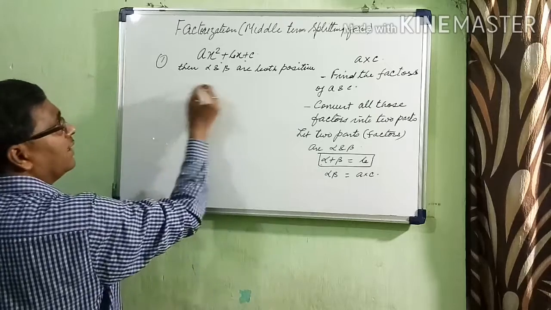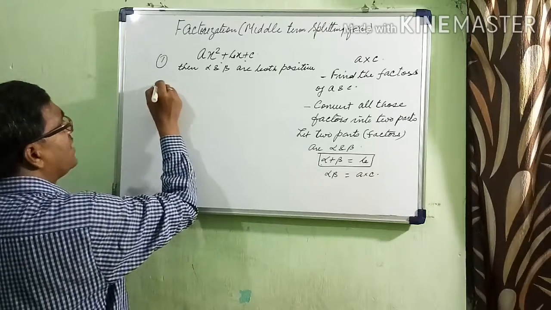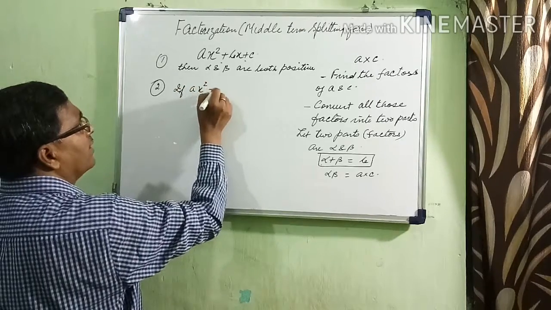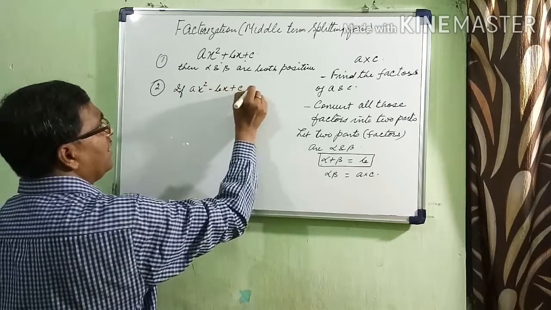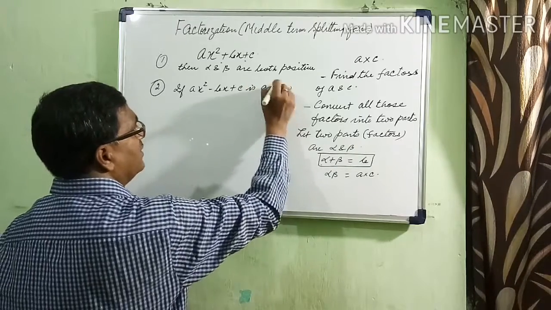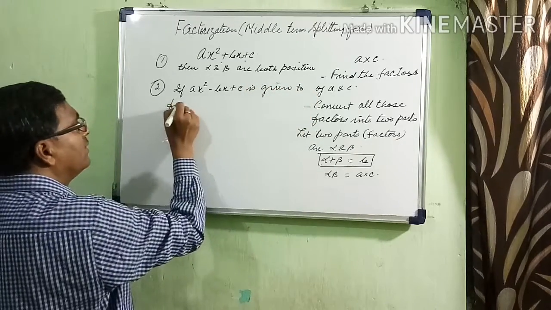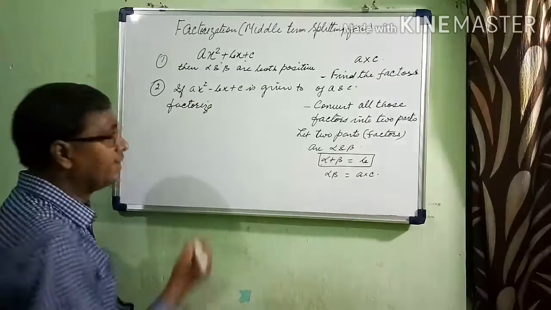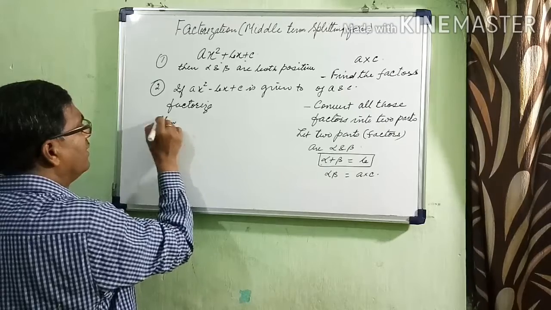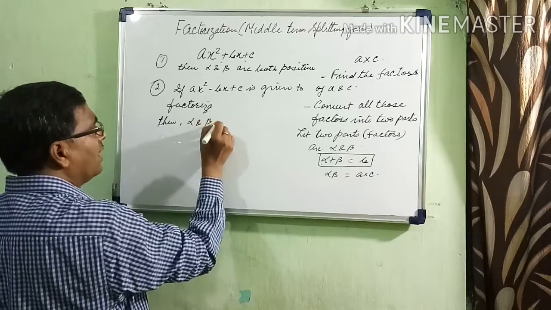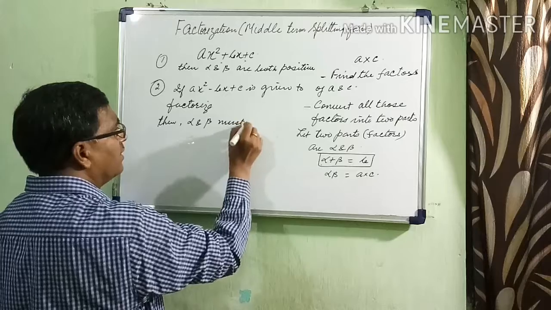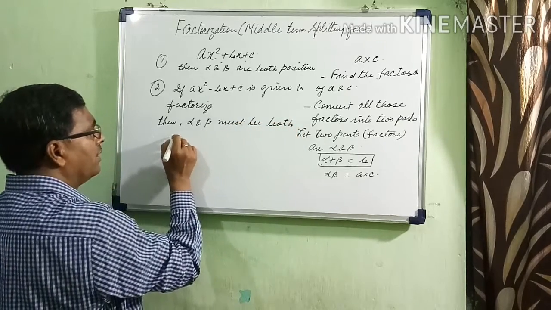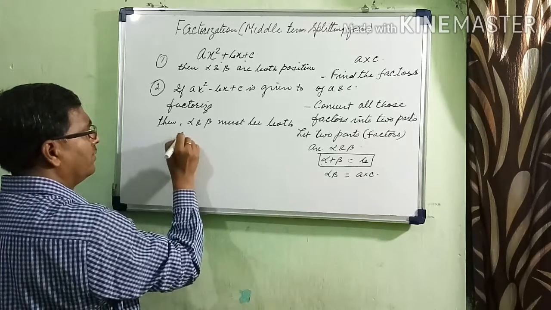Second case: if ax square minus bx plus c is given to factorize, then alpha and beta must both be negative.